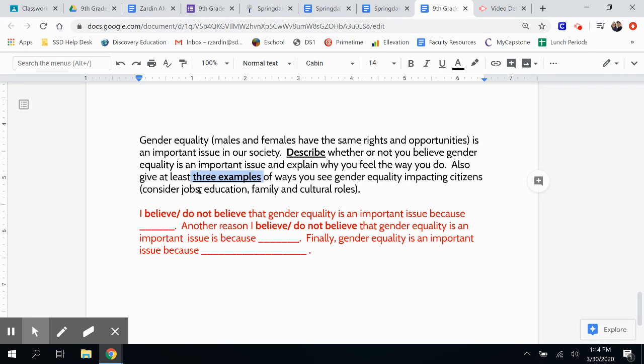You can think about influence, who has more influence over society, over politics. You can think about all sorts of things. So first off, you're describing whether or not you believe it's an important issue. And then you're giving me 3 examples or 3 reasons that yes, it is, or no, it is, how it impacts citizens. Okay.